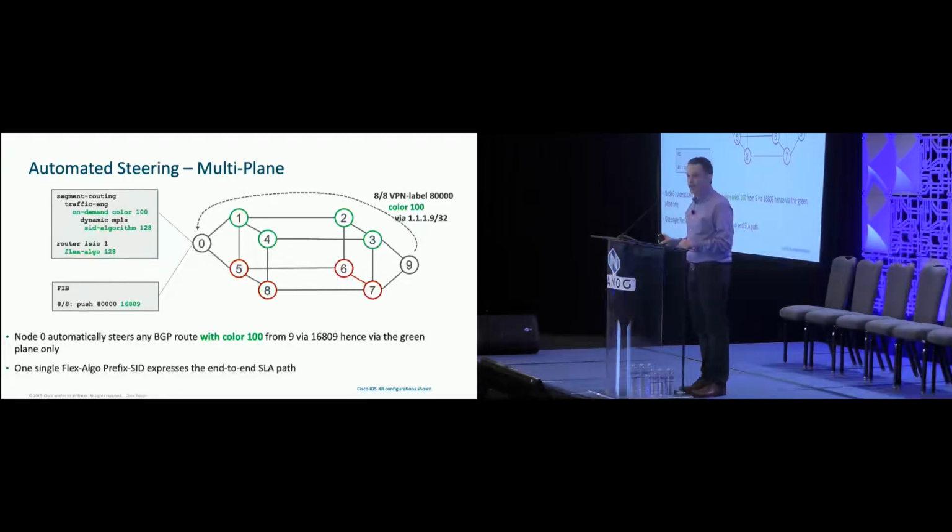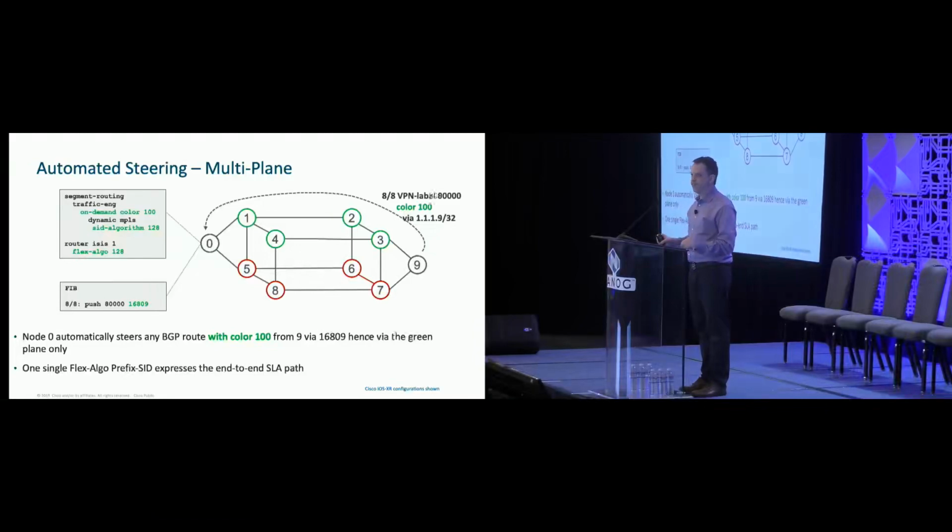The next label is the prefix SID 128 algo label of my BGP next hop for that prefix, which is 16,809. So FIB is directly programmed to put the traffic into the flex algo path.